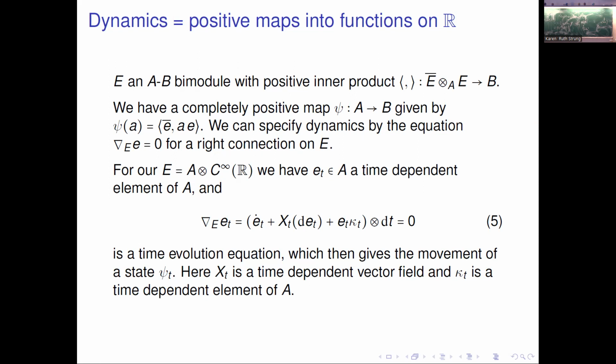There are lots of connections, but if I want this to be differentiable, I know that I want to have a bimodule connection. Now, bimodule connections means I have a sigma. Sigmas are much easier to find than connections because basically sigmas are a bimodule map.